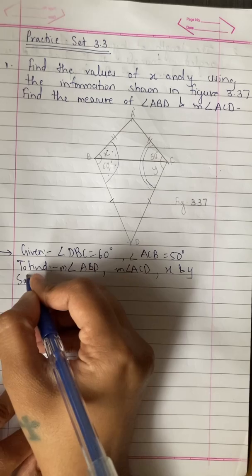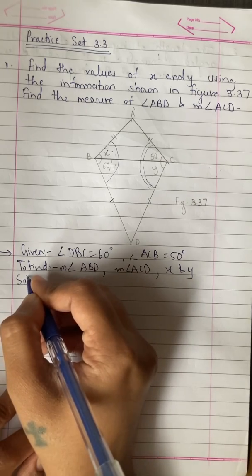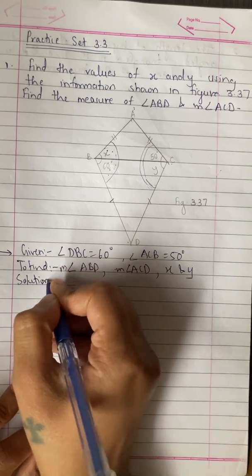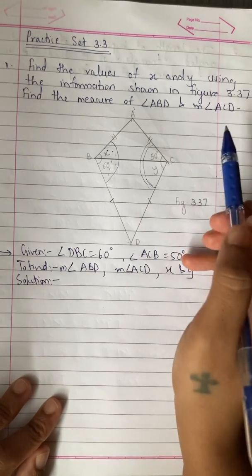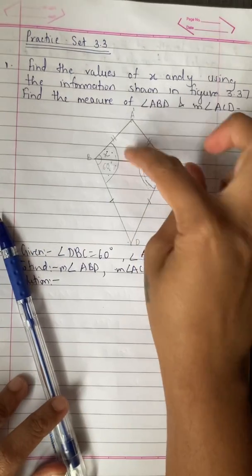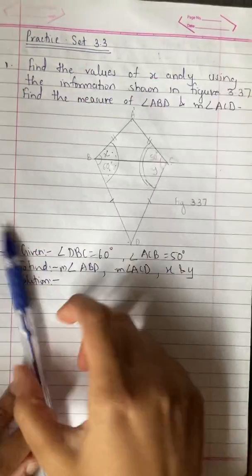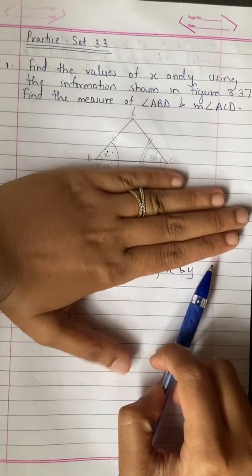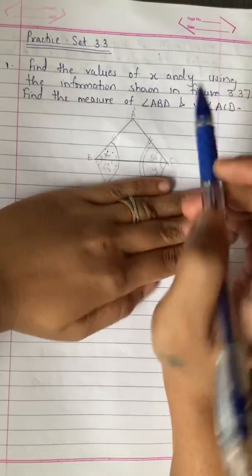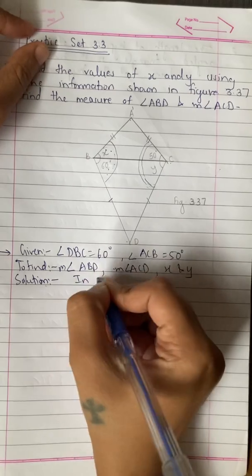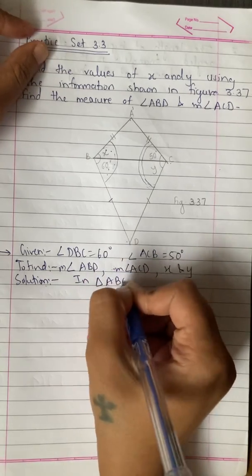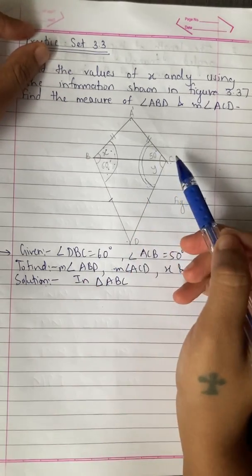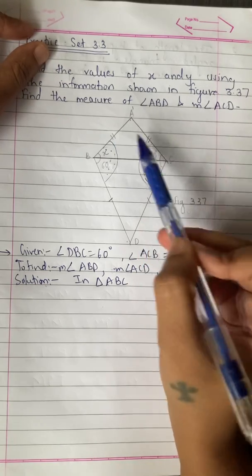Now in solution, you can write down solution. You can use the property of isosceles triangle. So you can see here two different triangles are there. So first we'll find out x by using this one triangle ABC. So write down in triangle ABC. Always specify which triangle you are using so that teachers easily know where you are working exactly.